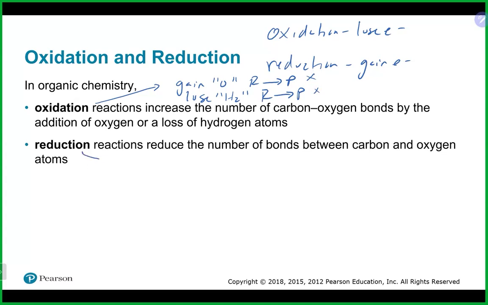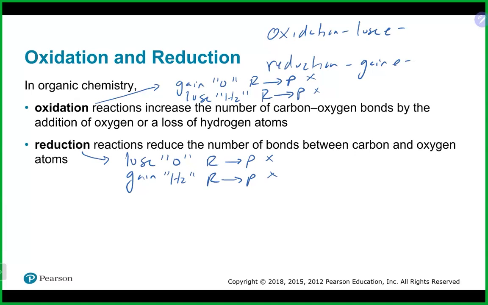Similarly here with reduction, it is something that will lose oxygen as it goes from reactants to products, and gain hydrogen as it goes from reactants to products. So once again, these are really the two definitions that we use for reduction reactions in organic chemistry and oxidation reactions. Any questions on that?